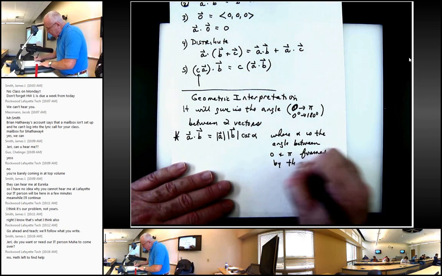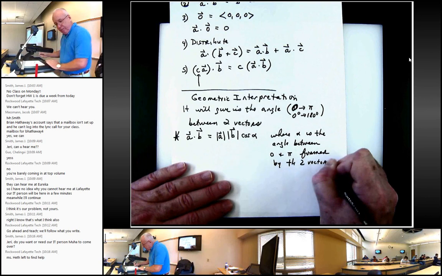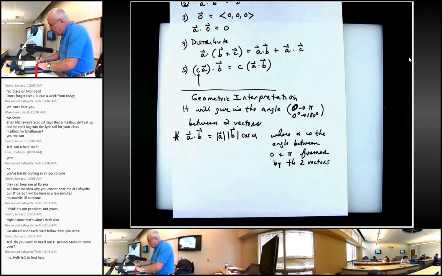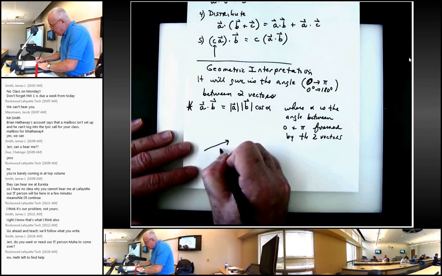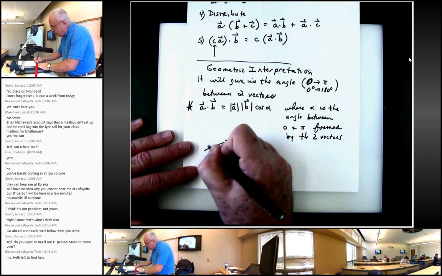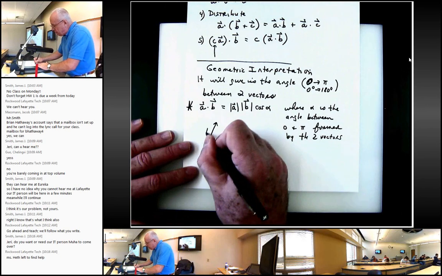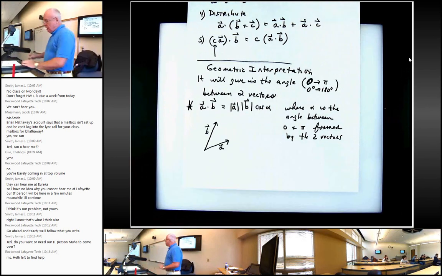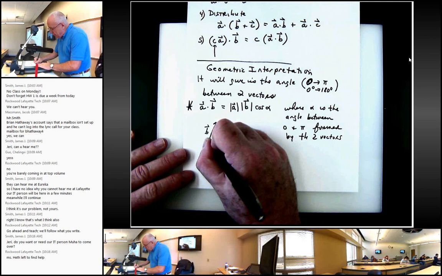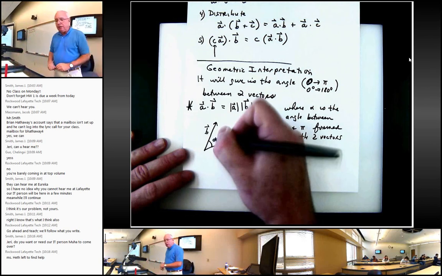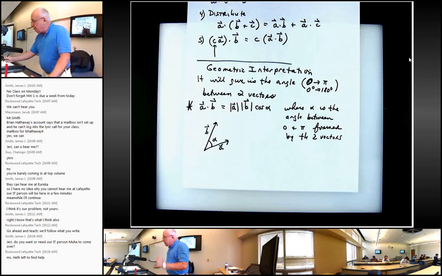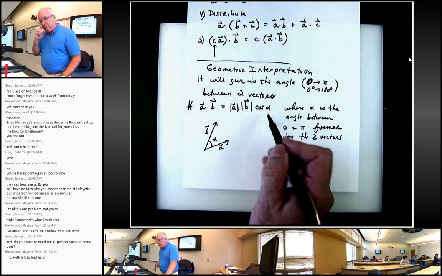If we put them tail to tail, so if we have vector A and we put their tails at the same place, and we have vector B, this angle right here between them we can call alpha. That is the alpha that's in that formula there.